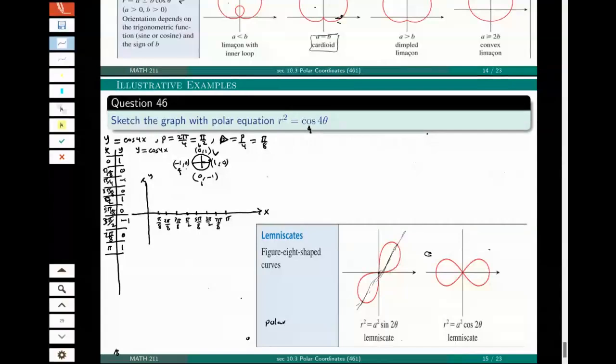And we can continue: 9 pi over 8, 10 pi over 8, 11 pi over 8, 12 pi over 8, and so on.